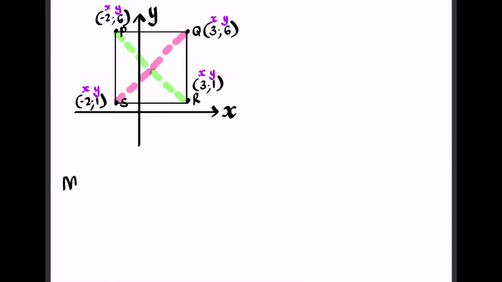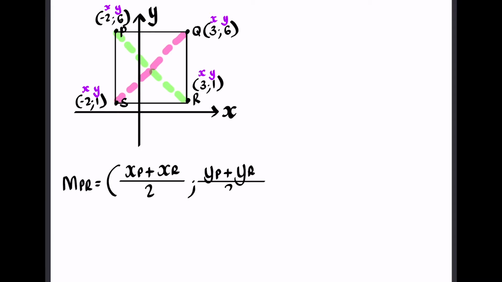So if we're looking for the midpoint of PR, we're going to take the x of P plus the x of R, and we're going to divide them by 2. And then we're going to take the same order, the y of P plus the y of R, and we're going to divide it by 2.